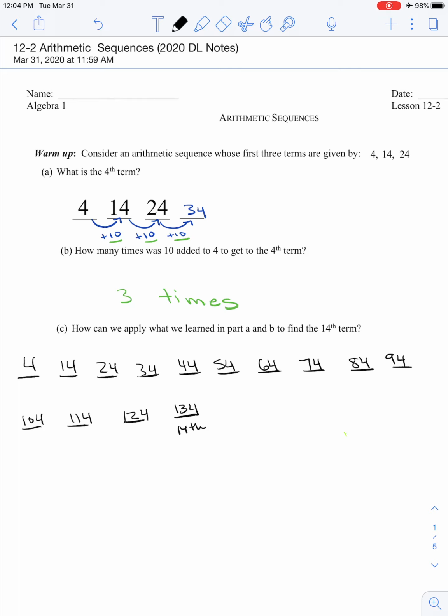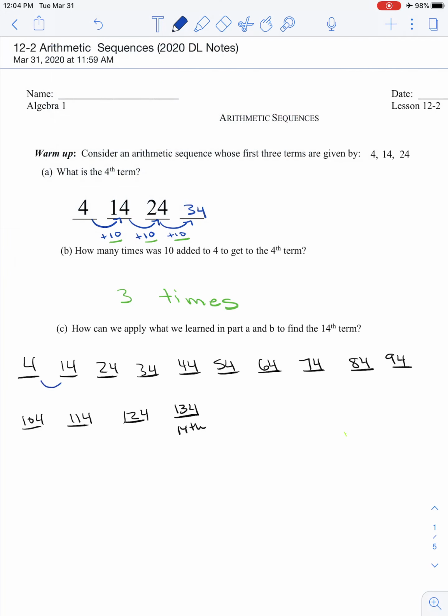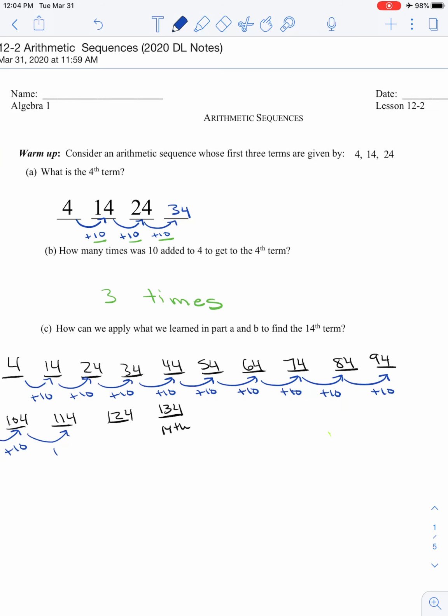So we want to think about how many times did we add 10 to get to the 14th term. So let's see. We added 10, we added 10, we added 10, and so on, 94 to 104, we added 10.